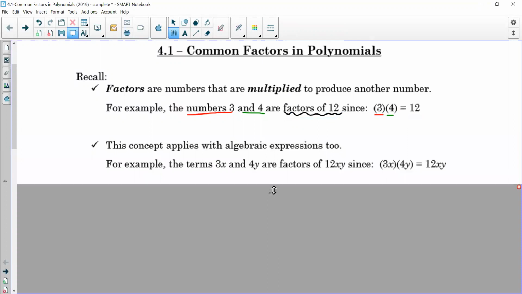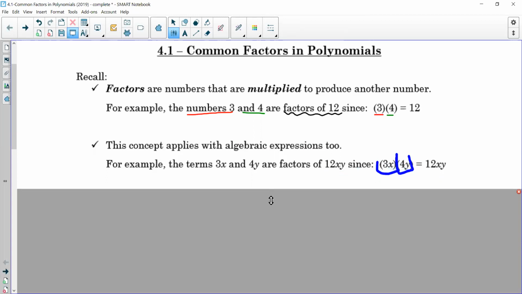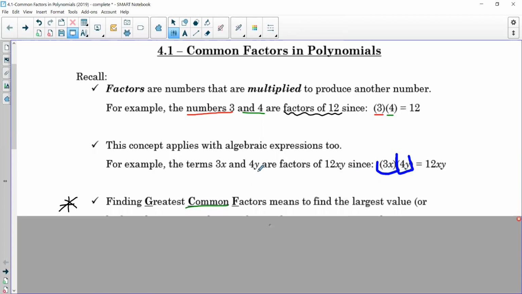So this concept also applies to algebraic expressions, where if you're looking for factors of 12xy, the 3 and the 4 can be used, and you can also separate the x and the y. So the two separate factors are the 3x and the 4y to give you, multiplied together, 12xy.